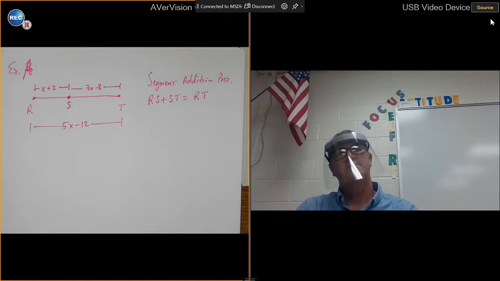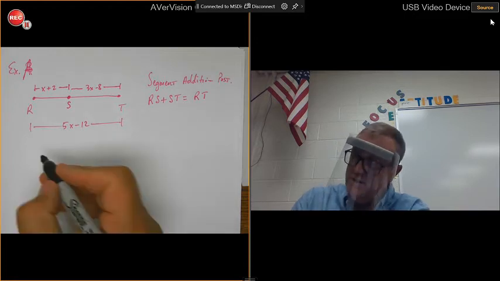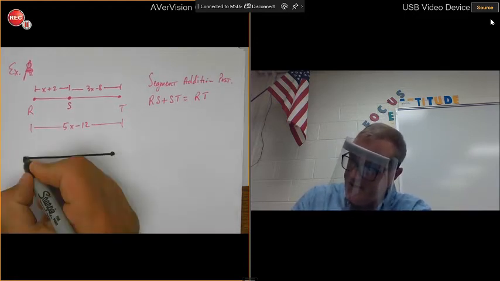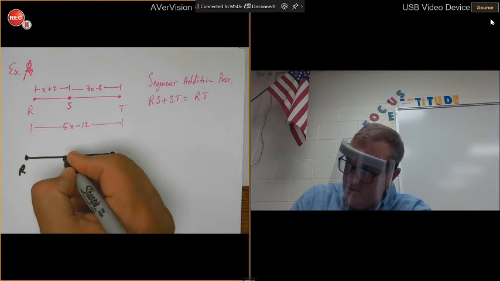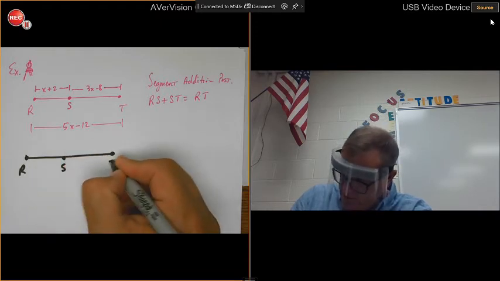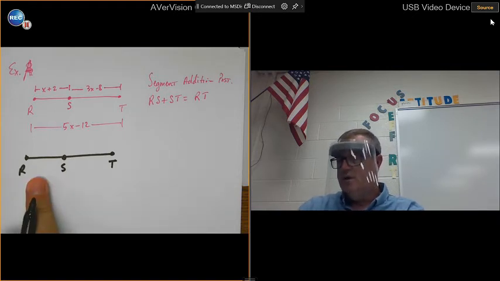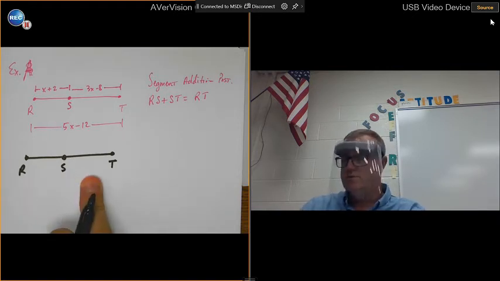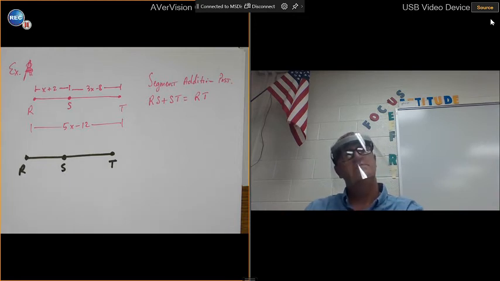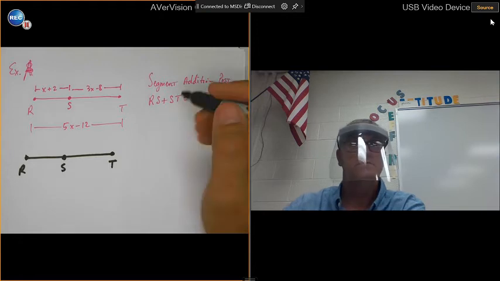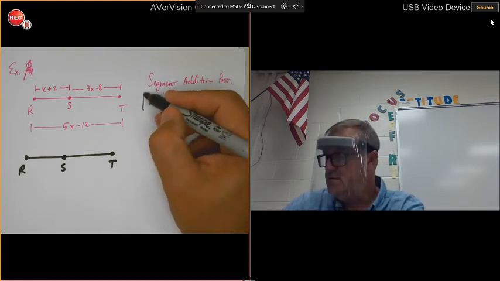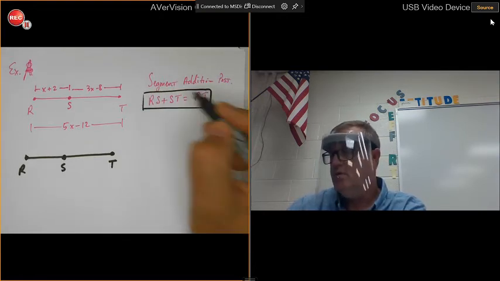Does that make sense to you? Okay, without all the numbers, because some of you struggle looking at anything like that: R, S, T. RS plus ST equals RT. Does that make sense now? Maddie, does it? Keithan?